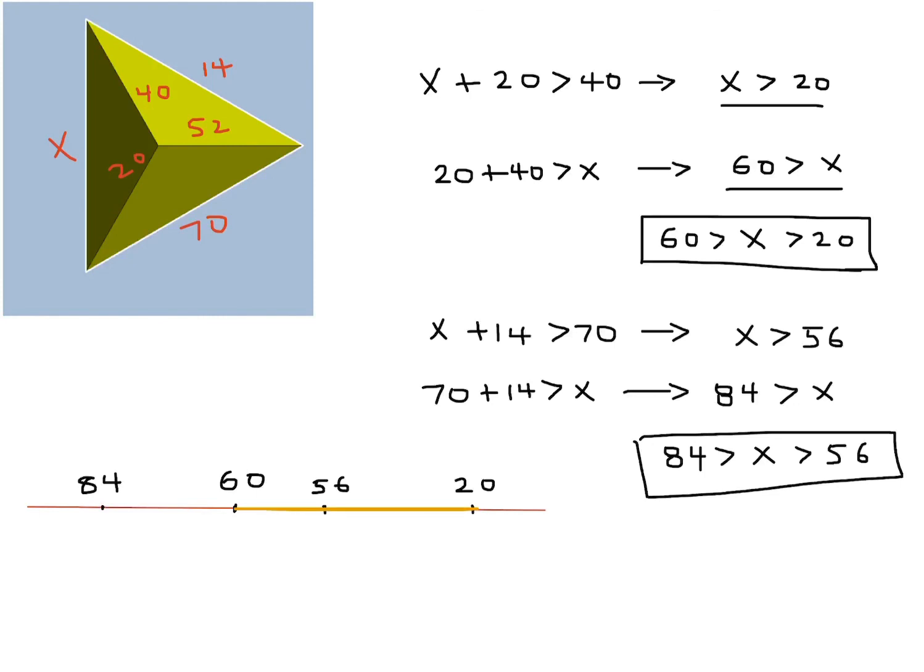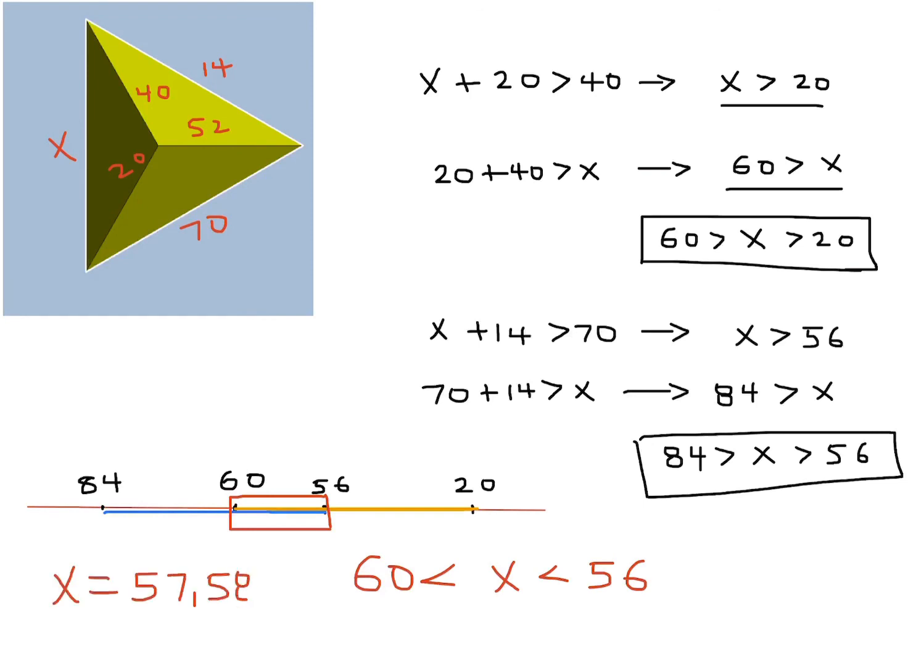From the next one, we've got a scenario that x is between 84 and 56. So 84 and 56, like that. So the common zone to both of these is right here. X is between 56 and 60. So that means that x is equal to 57, 58, and 59. Notice it's less than, not less than or equal to.